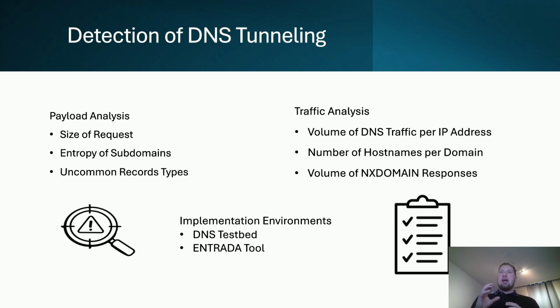The second is traffic analysis, which includes the volume of DNS traffic per IP address, the number of host names per domain, and the volume of NXDOMAIN responses. As you can see here, we have some examples of the rules included in these methods, and the implementation environments are the DNS testbed and the ENTRADA tool.